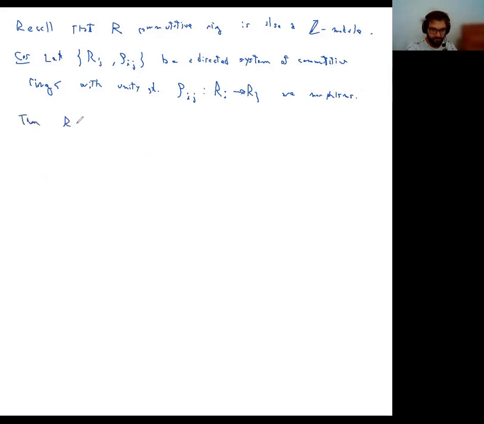Then the direct limit is a commutative ring, because it's also a Z module. The ring with these maps rho_i are morphisms.